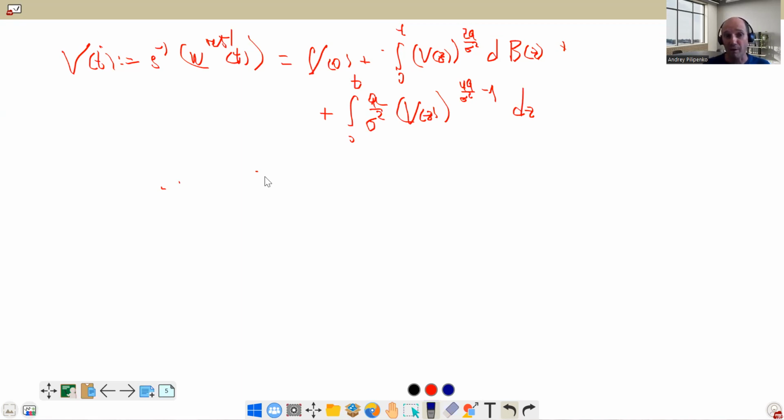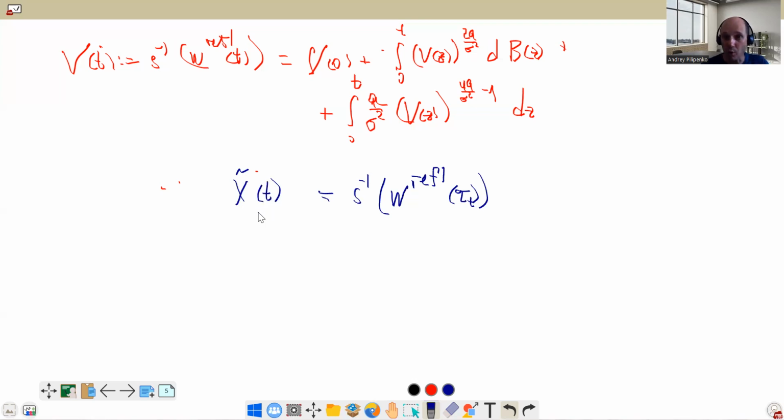If you start from reflected Brownian motion, you make a transformation of time, you make the transformation of scale, and you get some process.